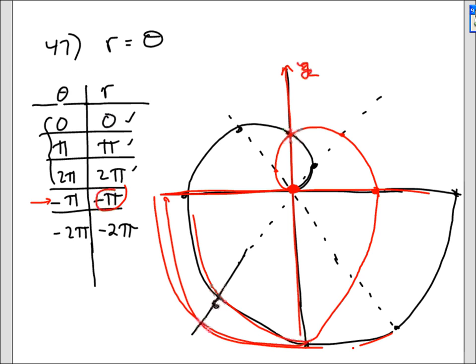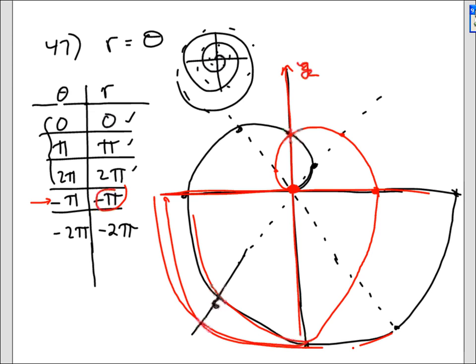And there it is. A lot of students might say, oh, this one's very easy. It just looks like that. You're half right. You have to go the other way as well. But it's a spiral. Actually, it's two spirals. One going clockwise, one going counterclockwise. You have to look at all possibilities. You have to think, no, what if the angles are negative? Is that going to affect this?